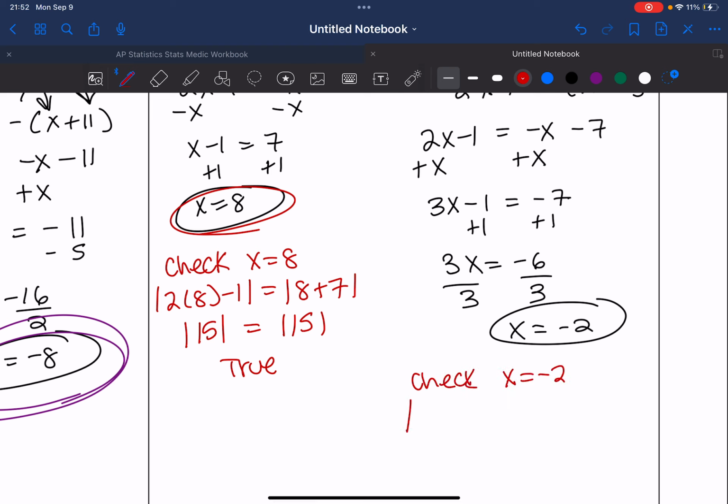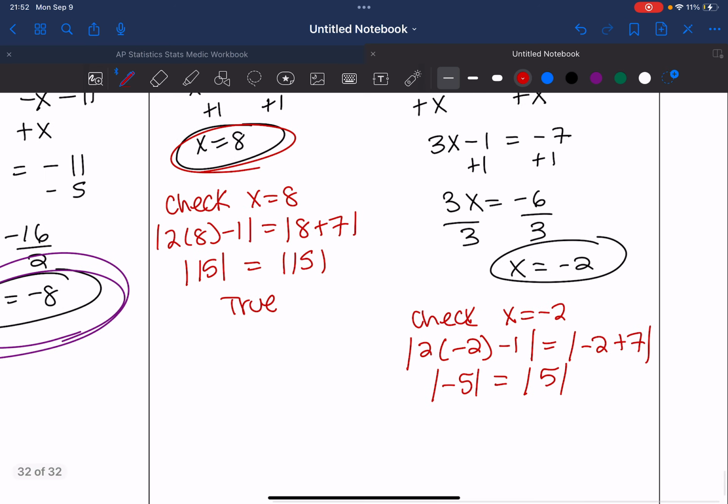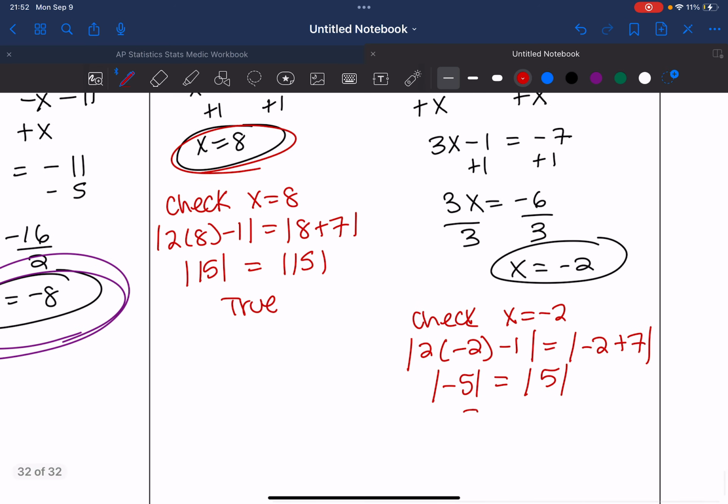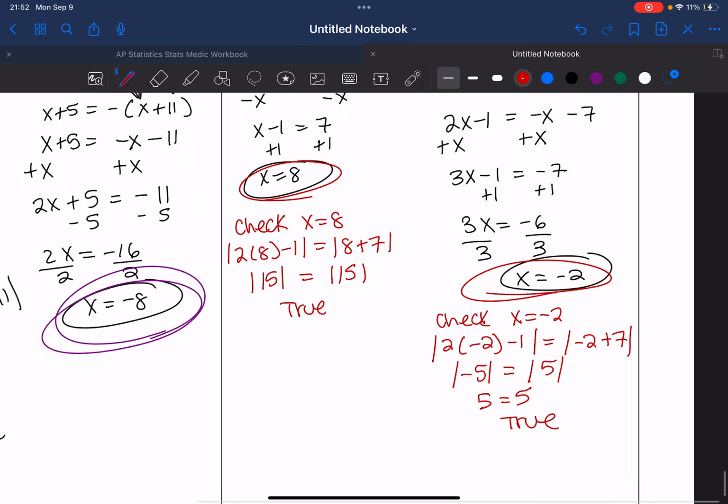So I have the absolute value of 2 times negative 2 minus 1 is equal to the absolute value of negative 2 plus 7. 2 times negative 2 is negative 4. Negative 4 minus 1 is negative 5. So I have the absolute value of negative 5 is equal to the absolute value of 5, because negative 2 plus 7 is 5. So I get 5 is equal to 5, which again is a true statement. So x equals negative 2 is also a possible answer.